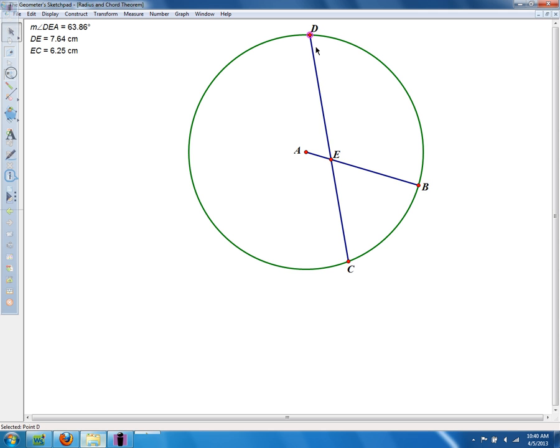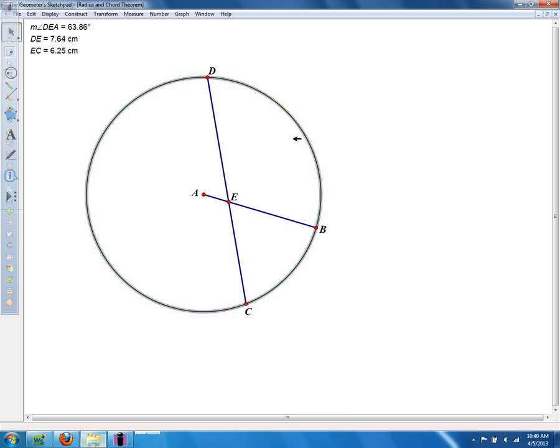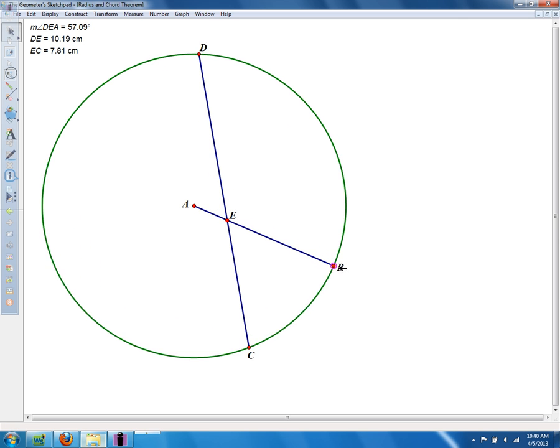What we're interested in on this particular demonstration is how the lengths of these two, from D to E and from E to C, compare when that angle is 90 degrees. Let me move the circle over here a little bit, make the circle a little bigger.